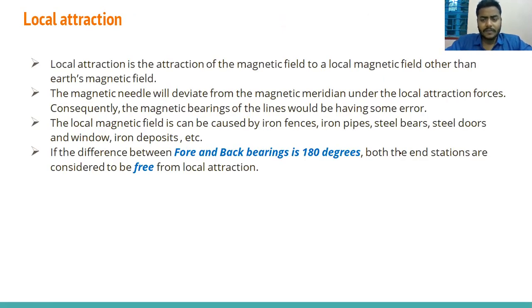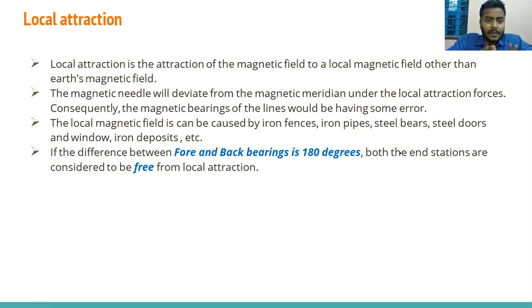Local attraction. This is very important, you have to understand that it will vary from place to place. Like you are using a compass here, and it is showing some direction. We are assuming that is the magnetic meridian. At some other places it will show a different magnetic meridian. Why?